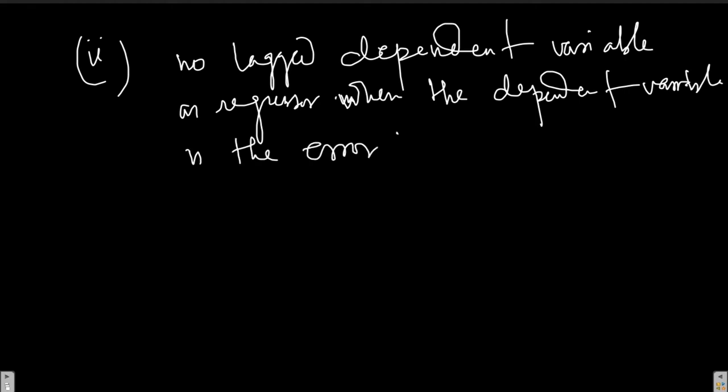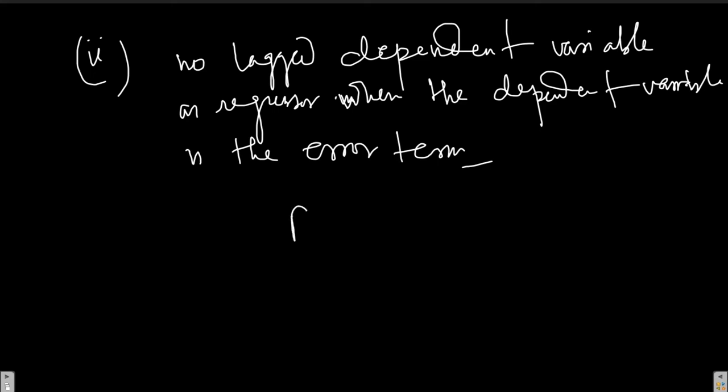Now there is a problem with this. If I cannot introduce the lag dependent variable or any of the independent variables of the original equation into the equation of the error term, I may end up violating the zero conditional mean of error term.